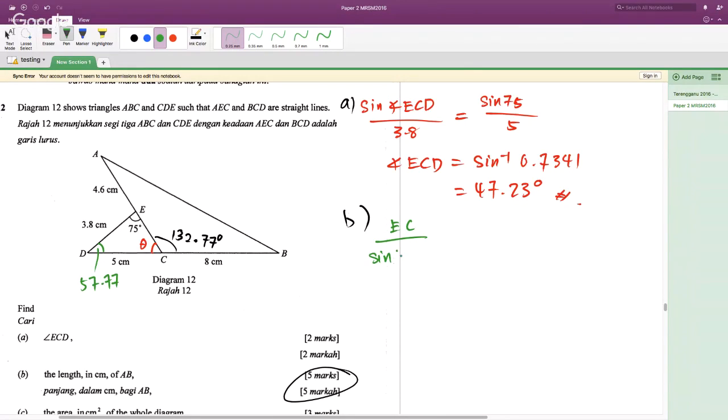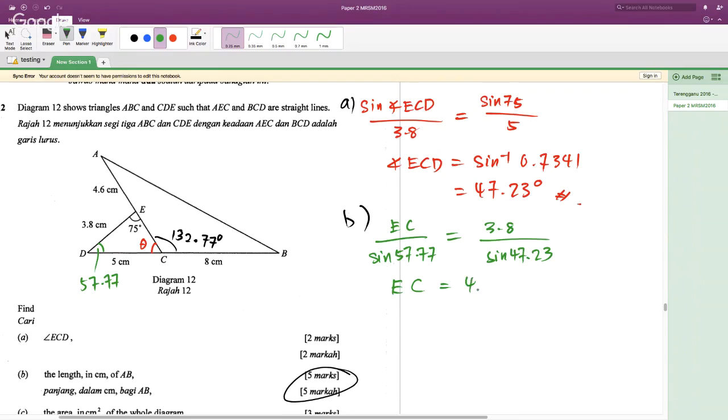EC over sine 57.77 equals, either one, 3.8 over sine 47.23. I need to find the length of EC first, because just now I thought 4.6 was for the AC, which is not. So 3.8 over sine 47.23 multiplied by sine 57.77.